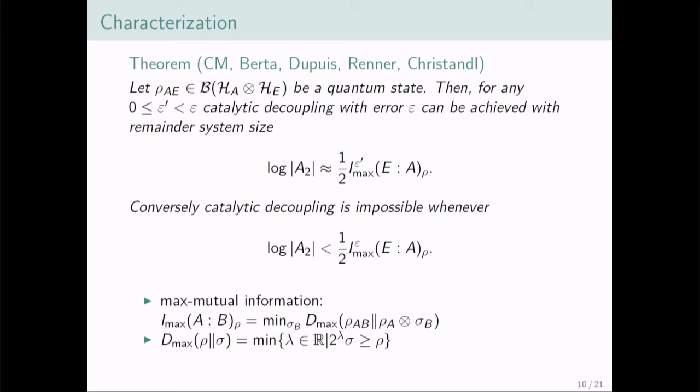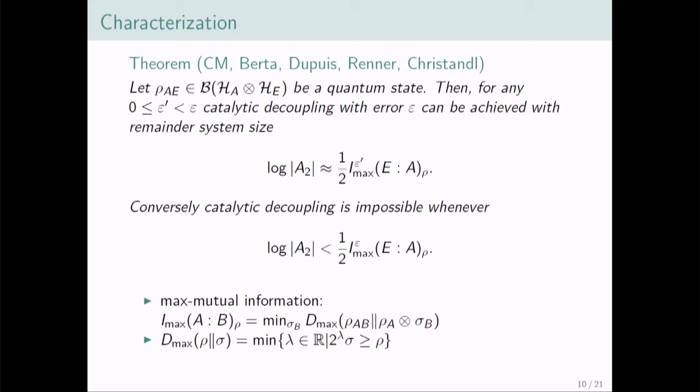I said log A2 is approximately equal to this quantity, but to be more precise, this means up to terms that are much slower growing if the dimensions go up. We also can provide a converse statement, which means that catalytic decoupling is impossible whenever we try to do it with a smaller system, A2, than 1/2 times the max mutual information.